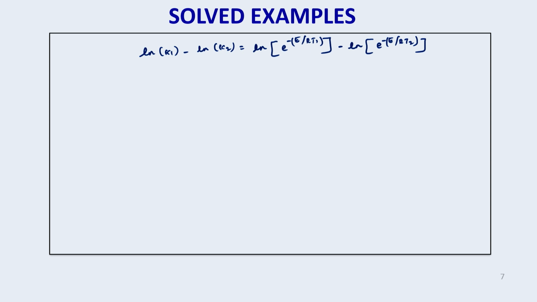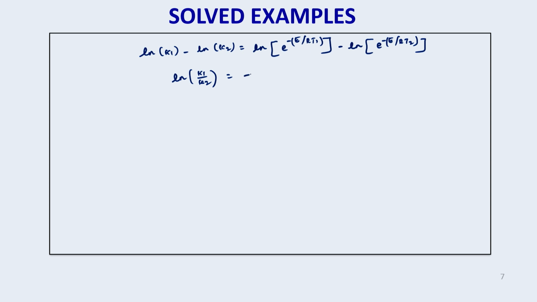The left hand side, ln A minus ln B, is ln of A by B. So it will be ln of K1 by K2. So this term ln of e will get cancelled.